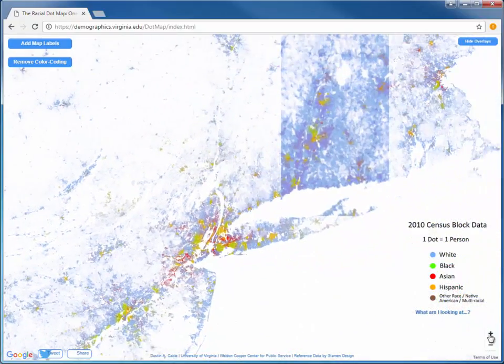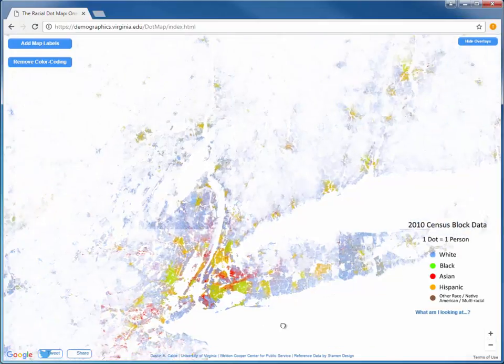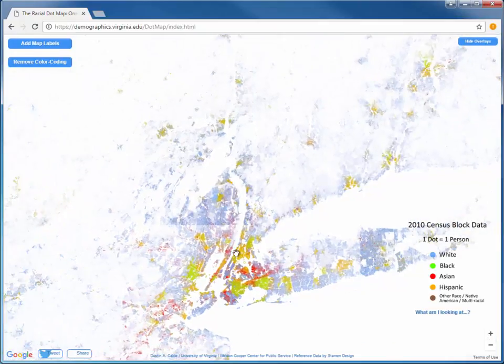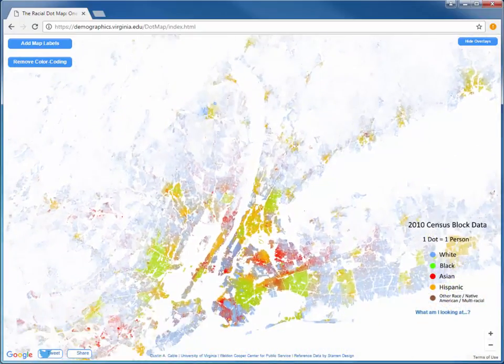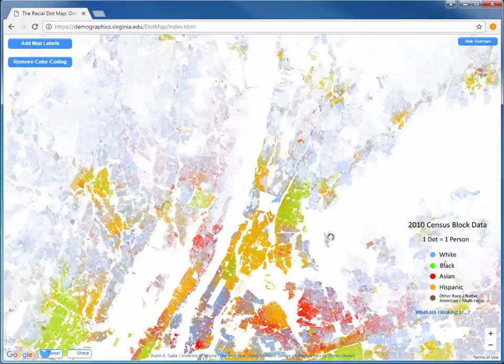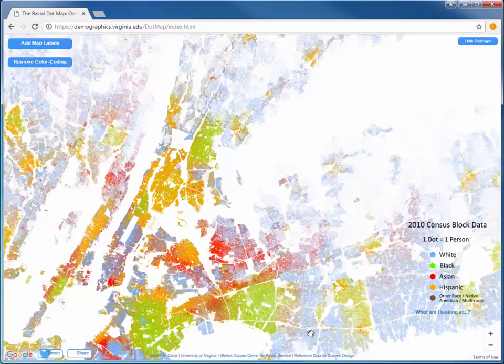And we can also see quite a bit of density where we see the color encoding strongest. It's that way because of our 1 dot equals 1 person, and it's encoding a whole lot of people.